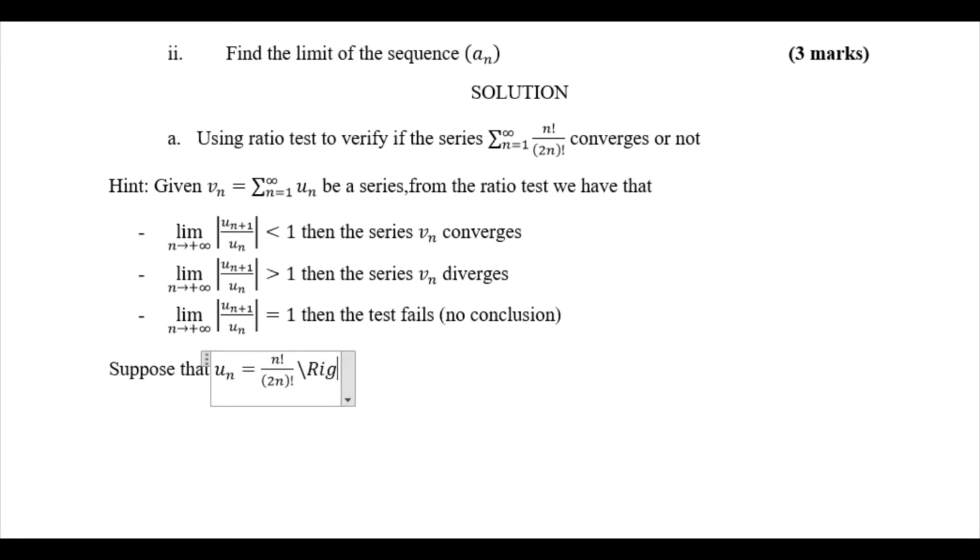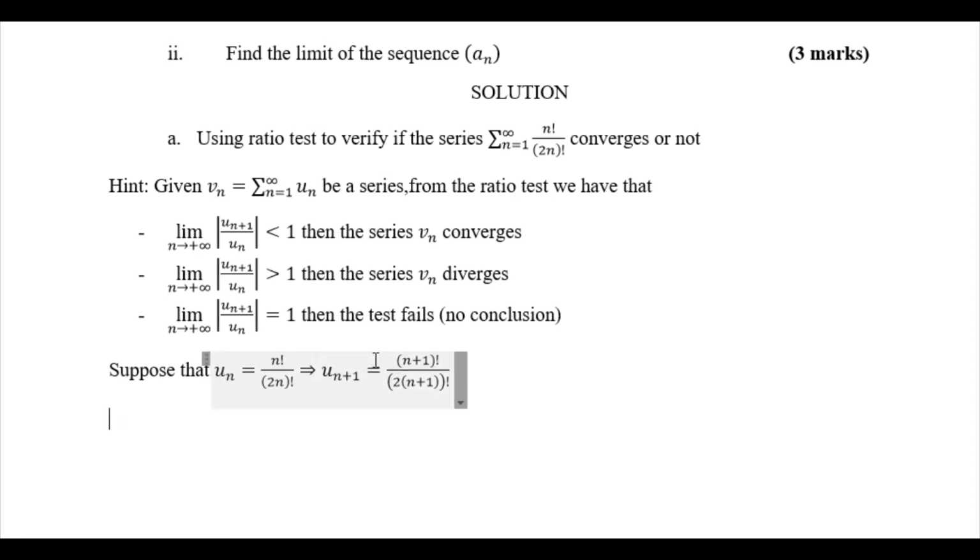We need to look for u_(n+1), because we see that in each of these formulas u_(n+1) is part of it. u_(n+1) is gotten by replacing n with n+1. So in the place of n factorial, I'm going to put (n+1) factorial, divided by, in the place of (2n) factorial, I'm going to put (2(n+1)) factorial. That is our u_(n+1).